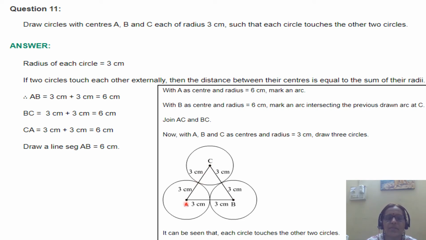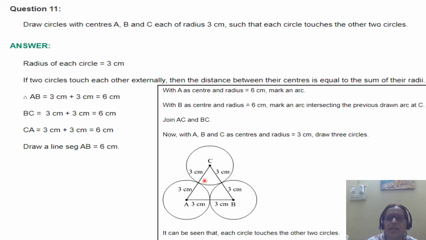Draw a line segment AB which is 6 cm. With A as a center and radius 6 cm, mark an arc. With B as a center and radius 6 cm, mark an arc intersecting the previously drawn arc at C. So with A as a center we have drawn an arc, with B as a center drawn an arc.